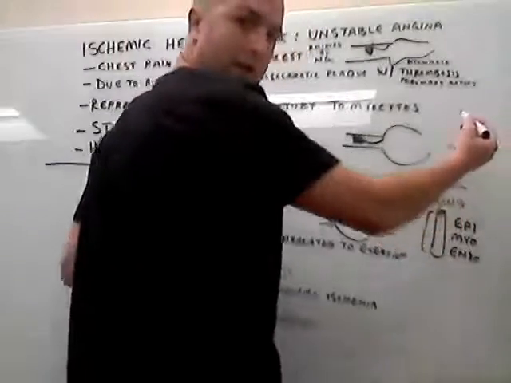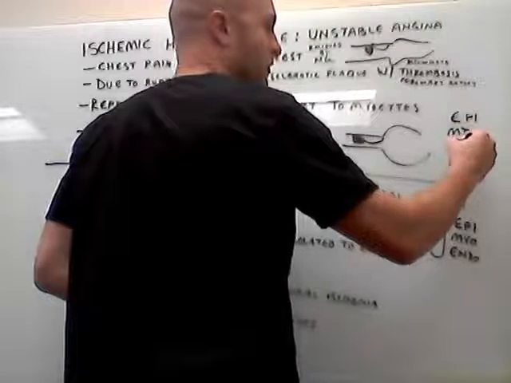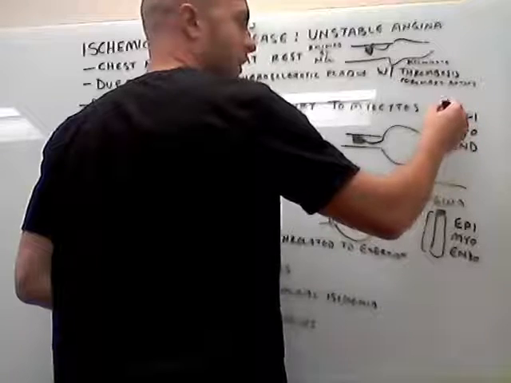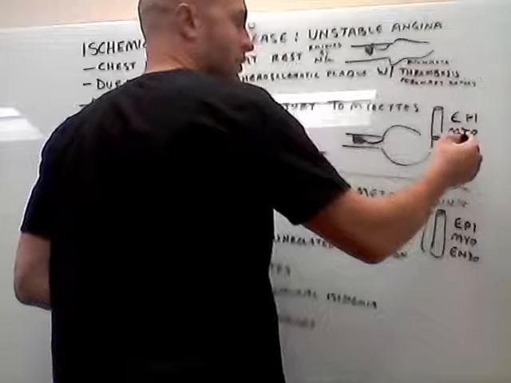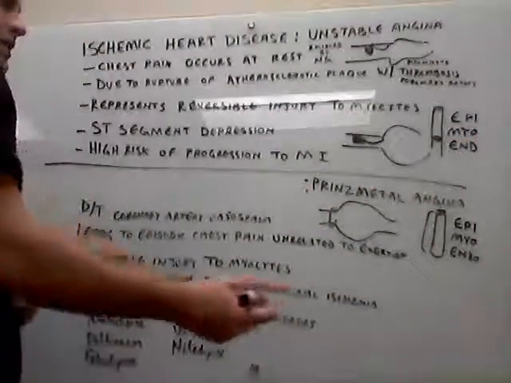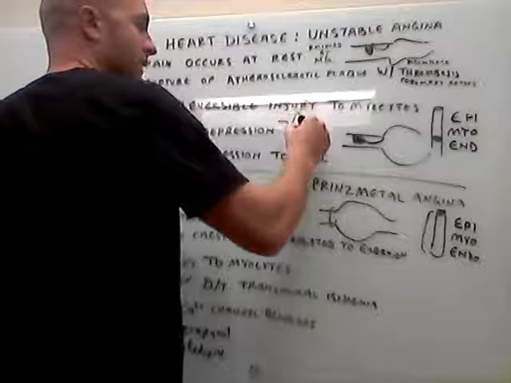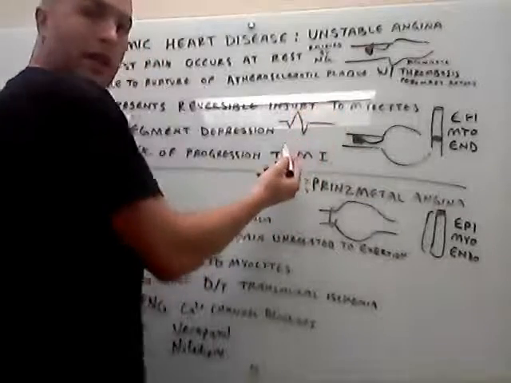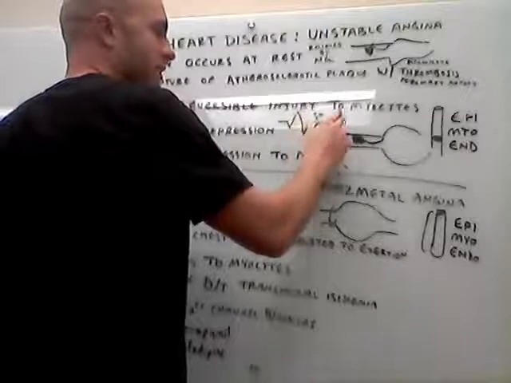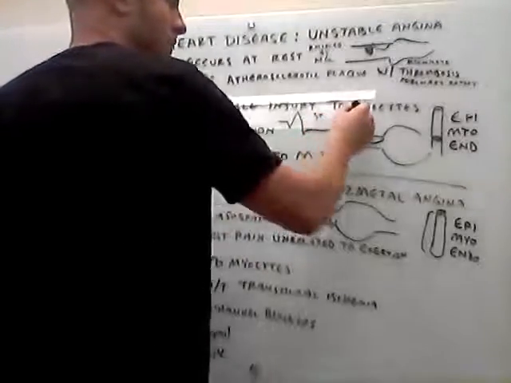One of the reasons for that is, like I said before, you have the epicardium, the myocardium, and the endocardium, and the blood vessel coming in here is occluding here and ends up blocking off a subendocardial infarction, or not infarction, but ischemia, and that shows on the EKG as ST segment depression. So normally an EKG would look something like that. This is the ST segment right here, but you'd have ST segment depression. So it would look something like this. Okay, so that's depressed. Go here in the T wave.